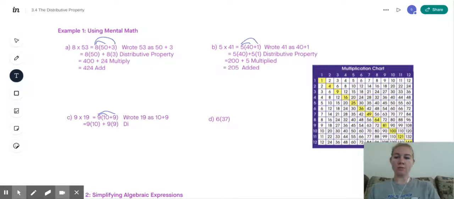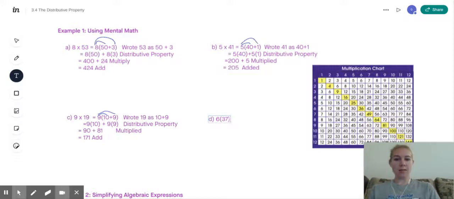And that was the distributive property. Okay, now let's continue to solve. 9 times 10 is 90, plus 9 times 9 is 81. And what we did there is we multiplied. And last but not least, we get to add. 90 plus 81 is 171.